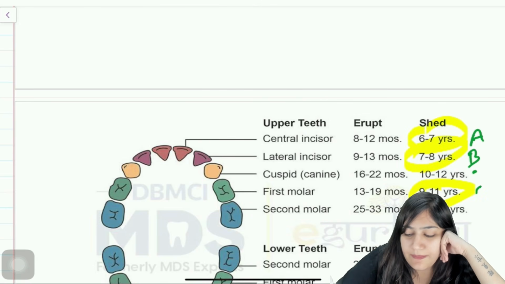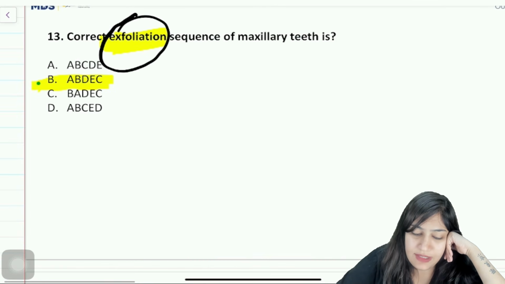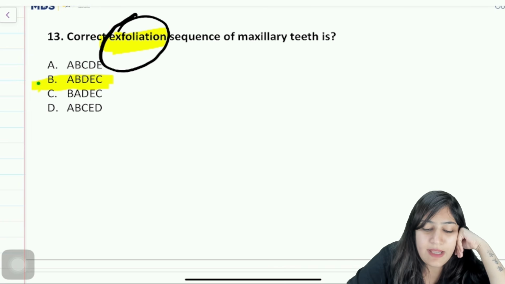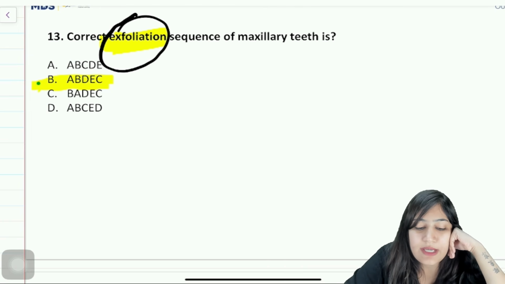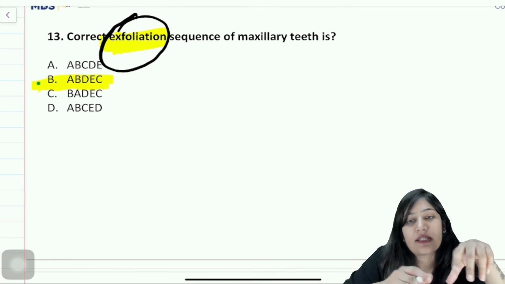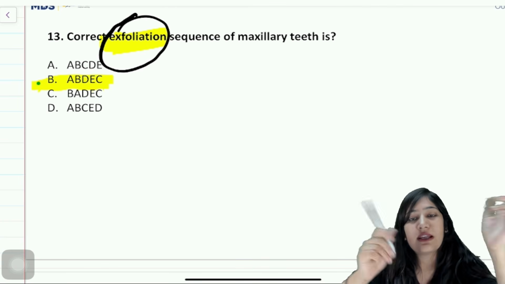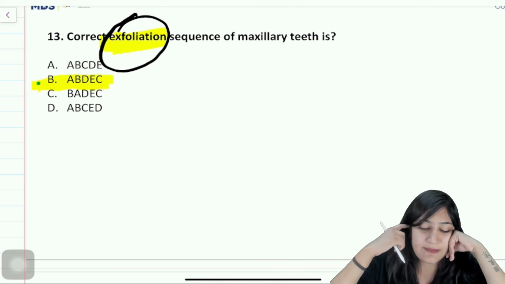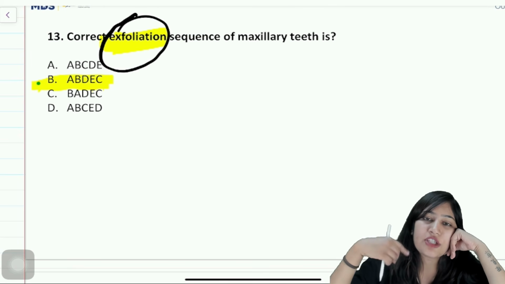So definitely D will come after B, then C and E, or E or C. A, B, D, C, E is also correct, but as the option is given as E, C, you can go with E or C. E and C can be interchanged. C can come before E also, E can come after C also. But D will come before E and C here.